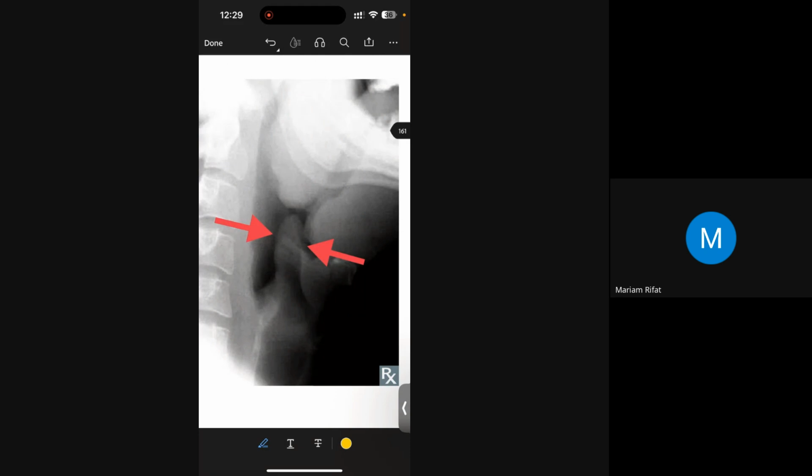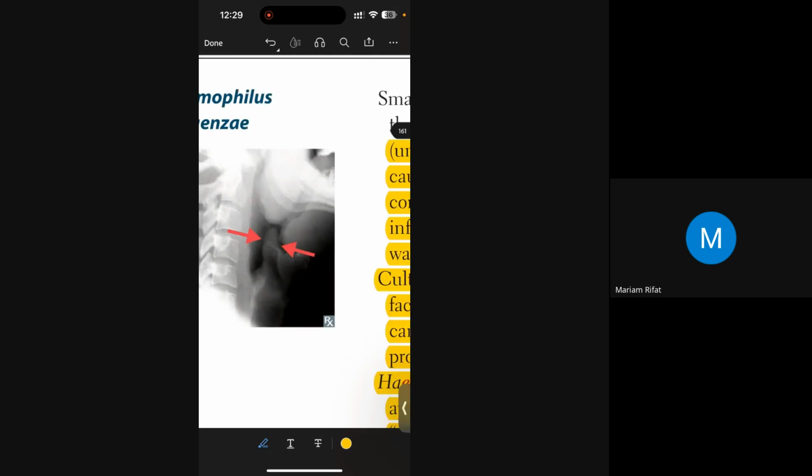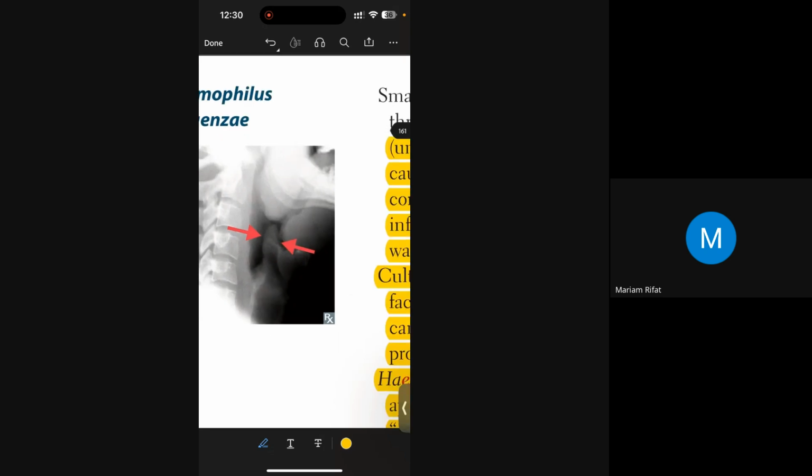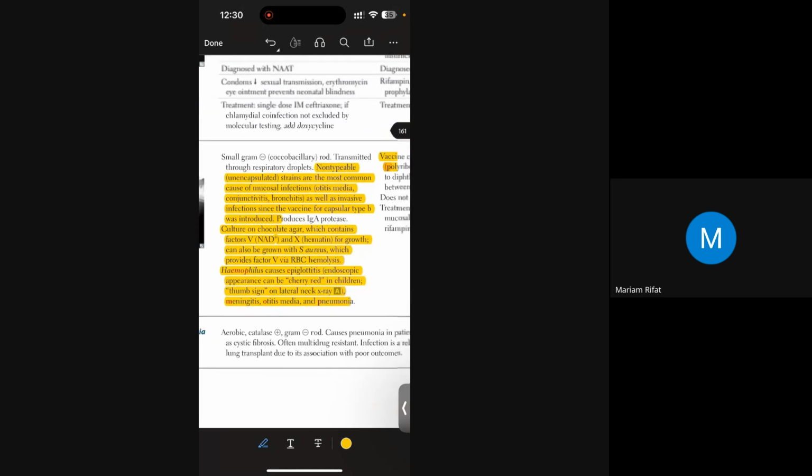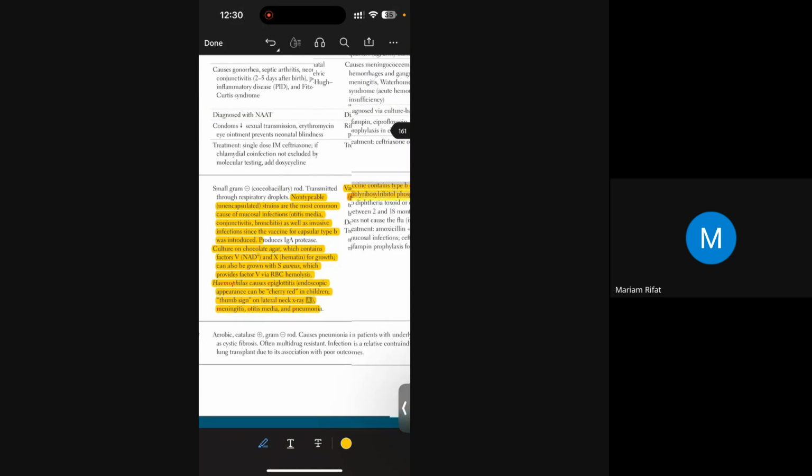Because the epiglottis covers the opening of the trachea, when it becomes thickened you are going to see obstruction. This is called the thumb sign, which you are going to see on the lateral neck X-ray. This is seen in epiglottitis.